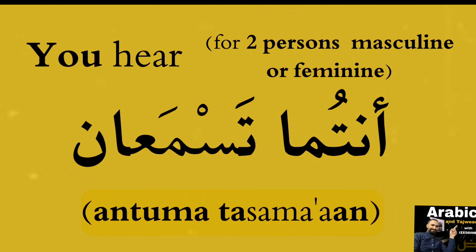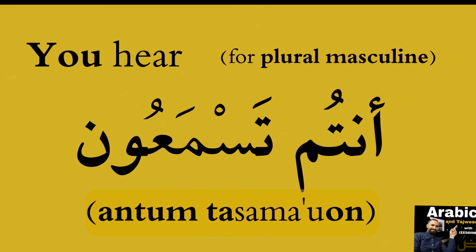You hear for two persons, masculines or feminines. So you are talking to two persons, either they are males or females. أنتما تسمعان. Just two persons, not more. If there are three, then they are plural, okay? You hear, for plural masculine.